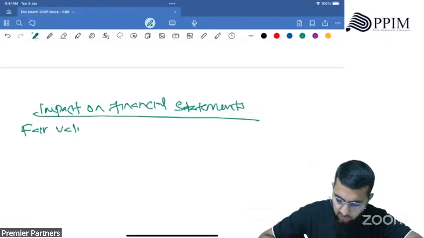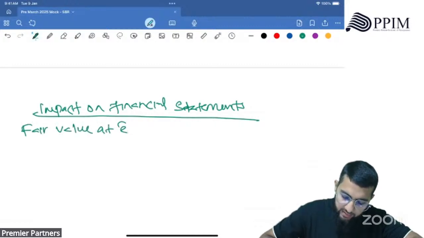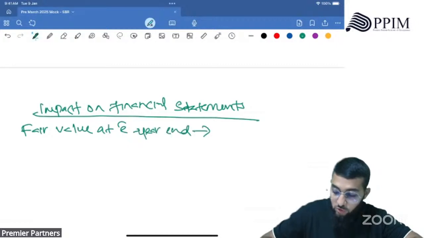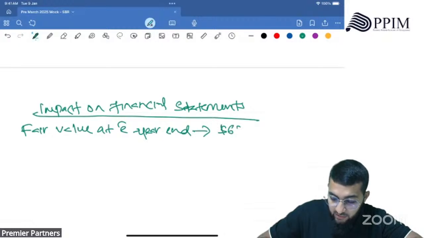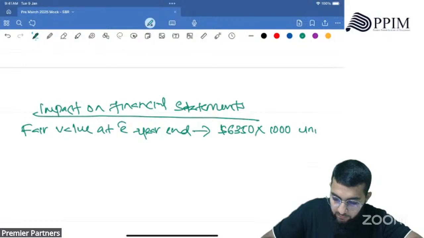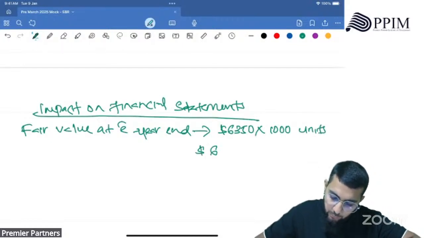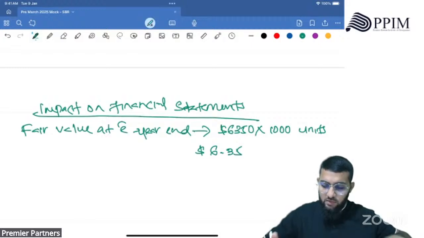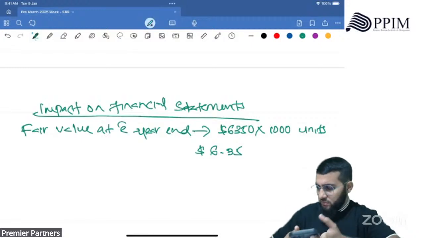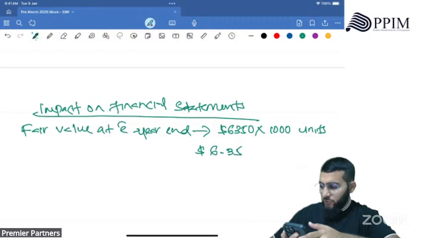Fair value at the year end is going to be 6,350 into the 1,000 units that they hold. That's going to be 6.35 million, right? 6,350 into 1,000, right? So that's 6.35 million.